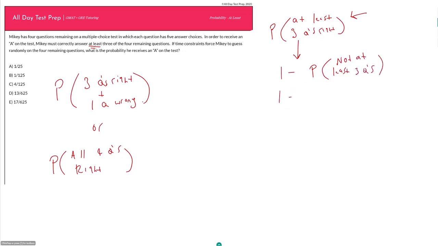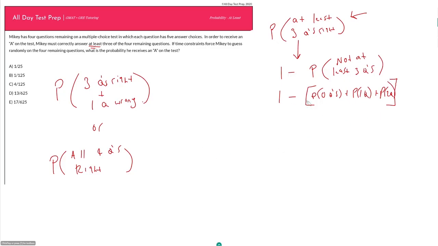And what are all the ways I can not get at least 3 questions? That would be 1 minus the probability of getting 0 questions right, as well as the probability of getting exactly 1 question right, as well as the probability of getting exactly 2 questions right. And so would I want to use my 1 minus rule here?